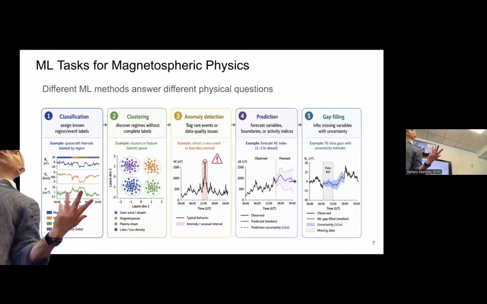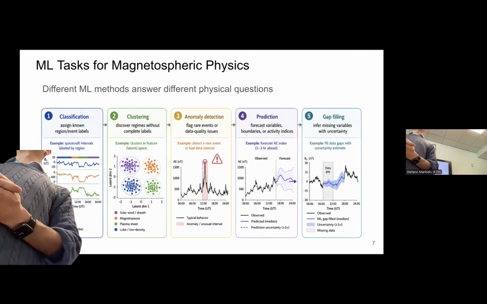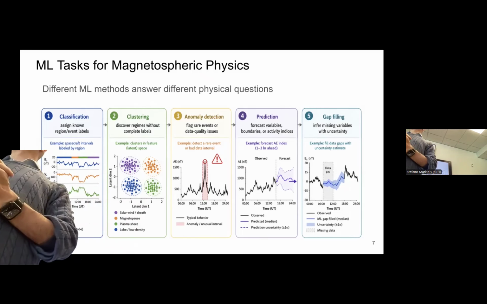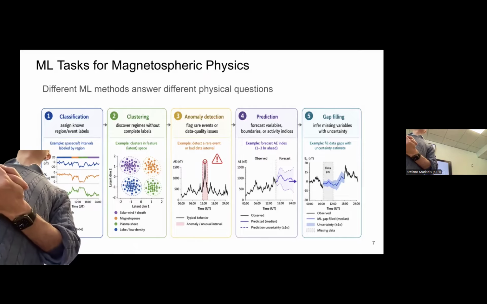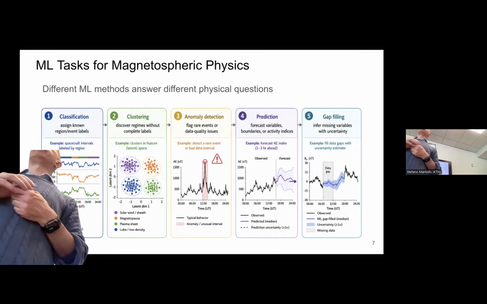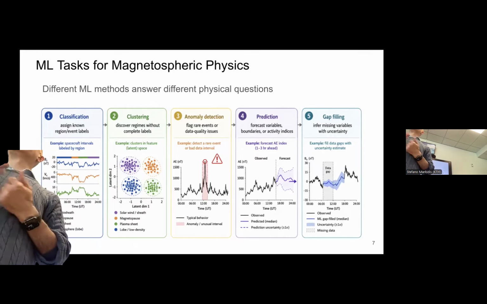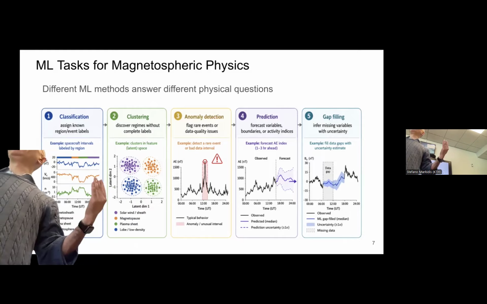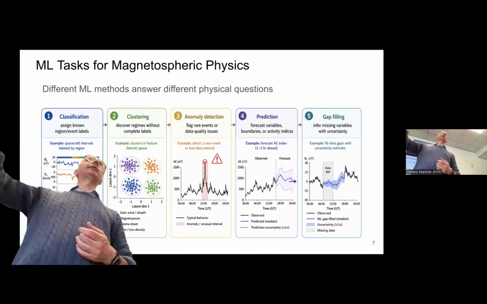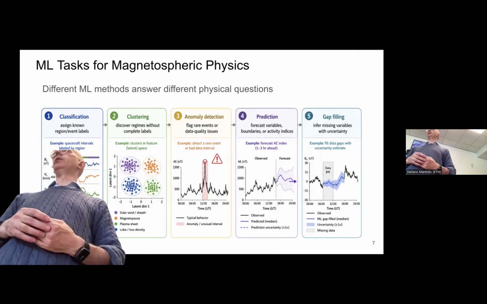So you have a very powerful technique to say, well, if something is out of distribution, it does not belong to any of those clusters, so it must be something special. Most of the time it is an instrument that doesn't work. Most of the time it might be some event that by chance was detected by one of the instruments.